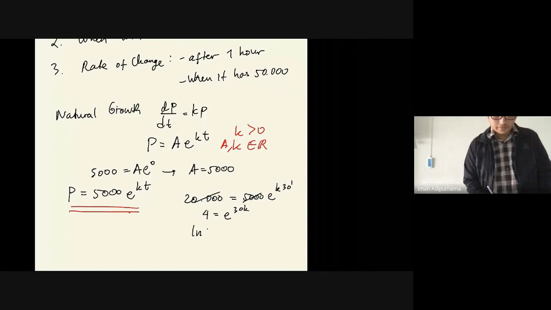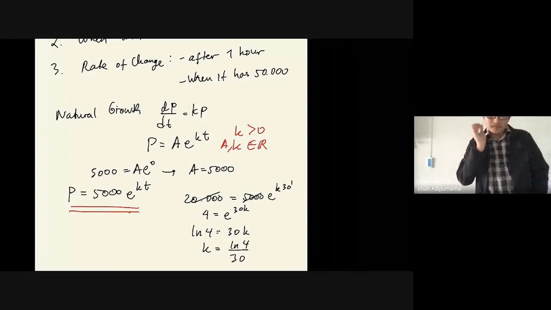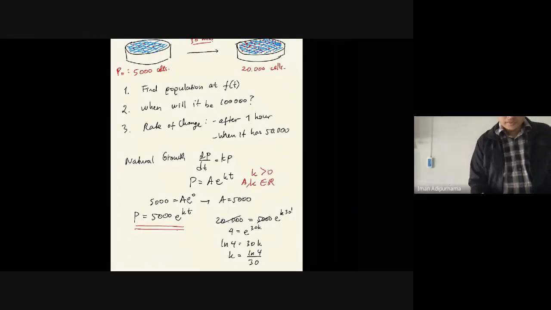Okay, so ln 4 is 30k, and we can get k is ln 4 divided by 30. Let me just finish this first. So number 1, the function will be 5,000 e to the ln 4 over 30 t.